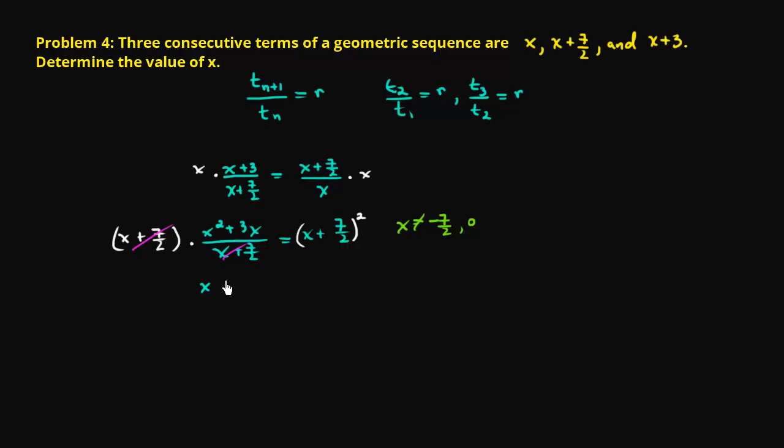So now I have that x squared plus 3x is equal to x squared, and if I square this binomial, I get x squared plus 7x plus 49 over 4.